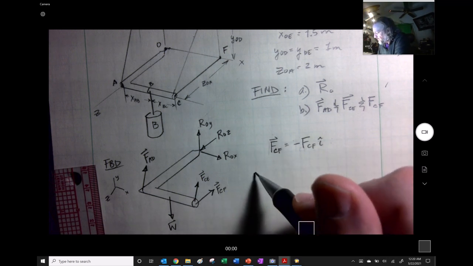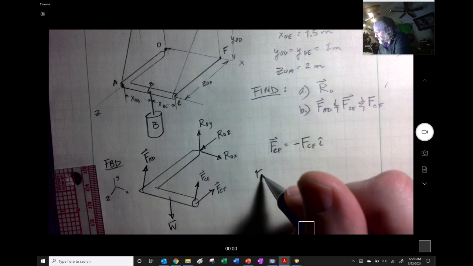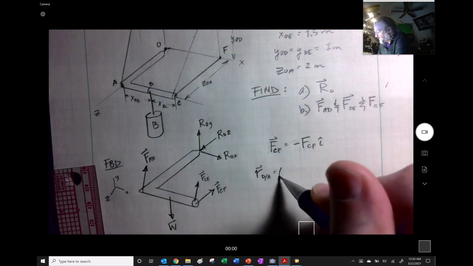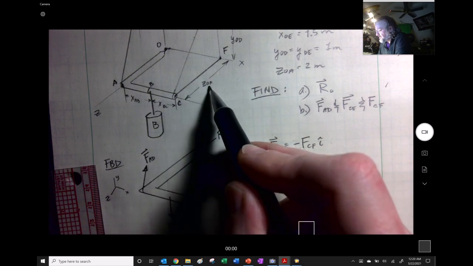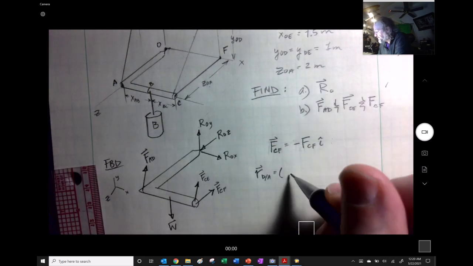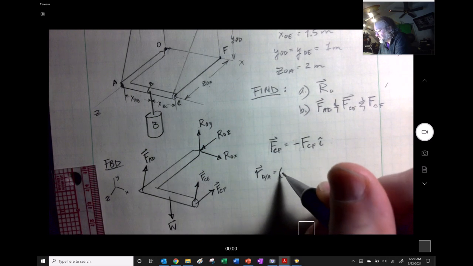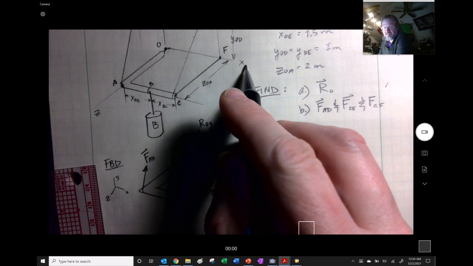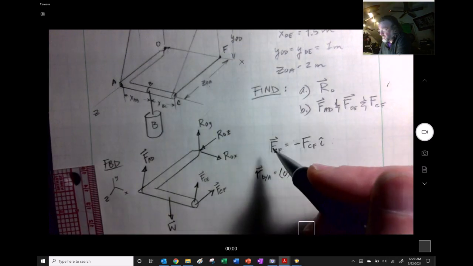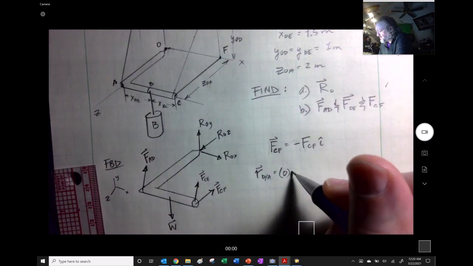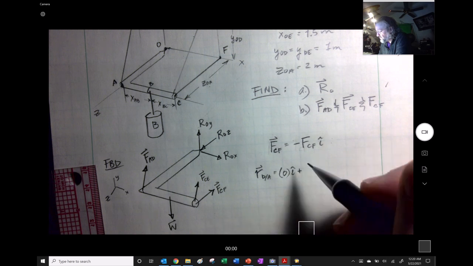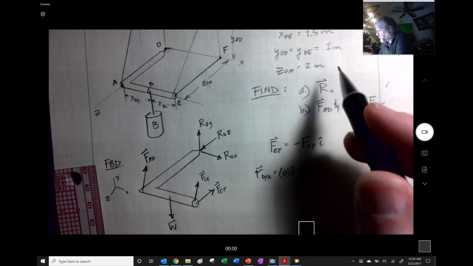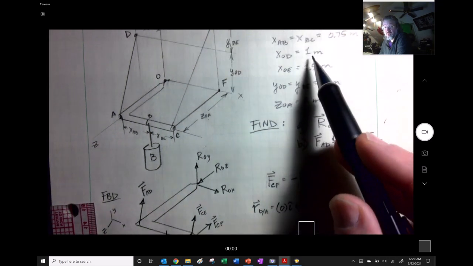We could write what the position vectors are going to be, D with respect to A, right? That's not hard to do. That's just that ZOA right there. So that's going to be 0 in the i direction. You have to remember that this is the X coming in this way right here. So it's 0i, and it's going upwards, so it's going to be positive, going up YOD, which is 1 meter.